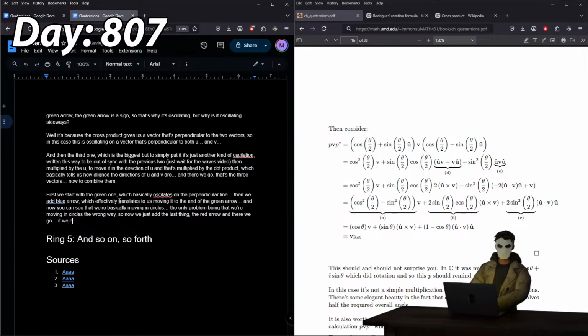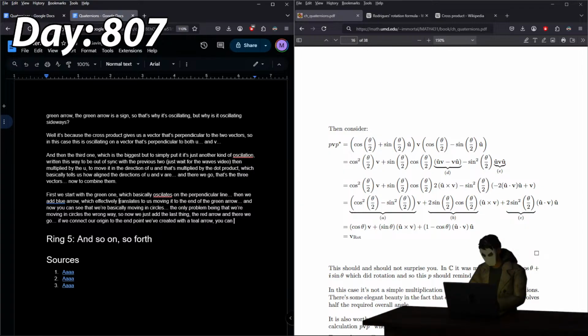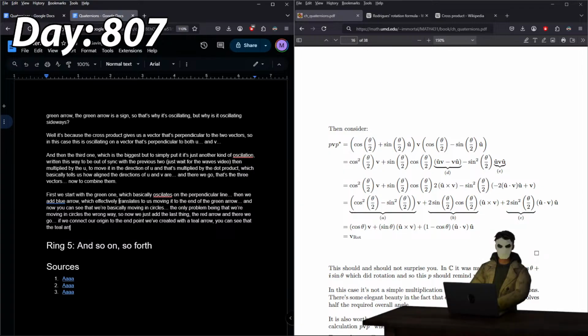If we connect our origin to the point we've created with a teal arrow, see that the teal arrow is rotating around the U. And that's the rotation in the rotation equation.